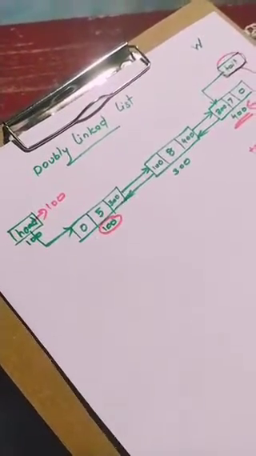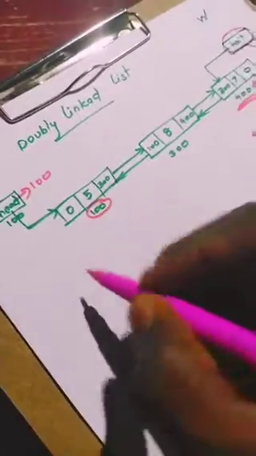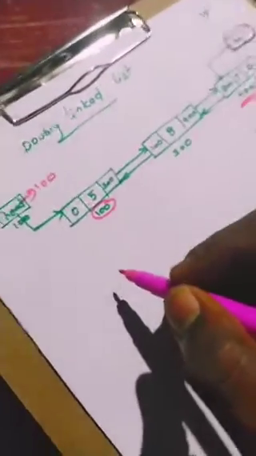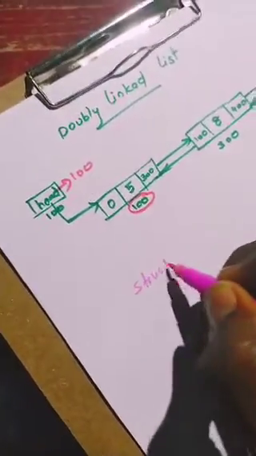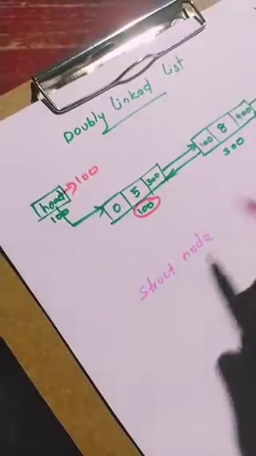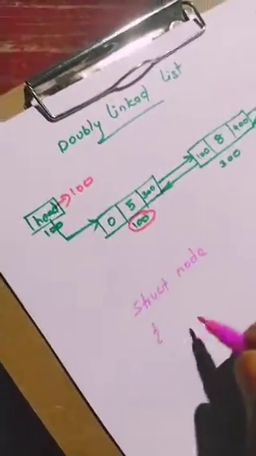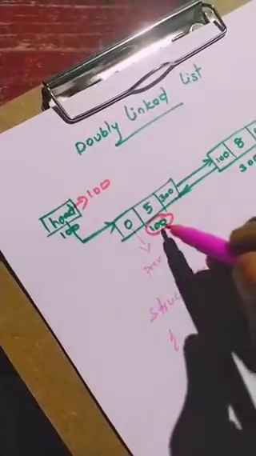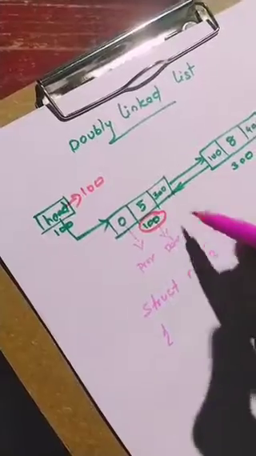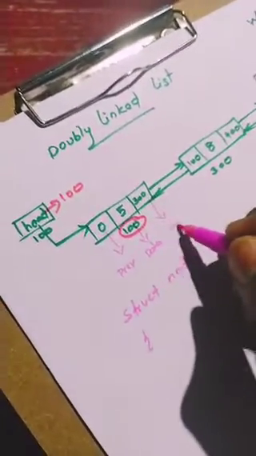so let me explain from the creation of node. Okay, see, we all know that we have discussed about creating node and creating data type for the node. We have discussed already. So the procedure is struct node. So here I have three elements, three fields, one for storing previous, and second one is for data, and third one is for next.